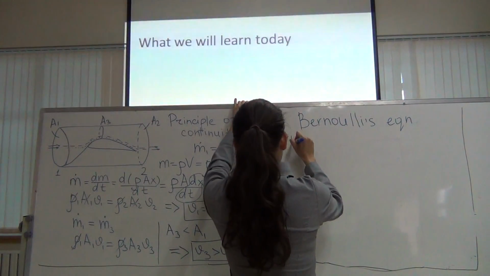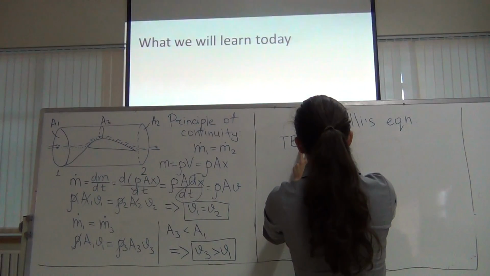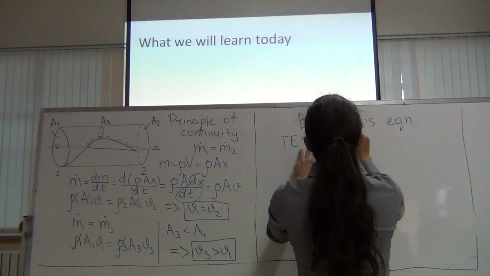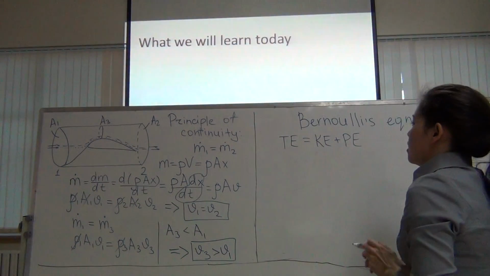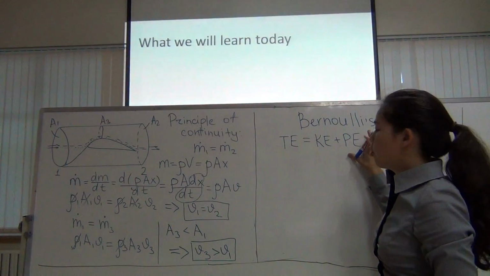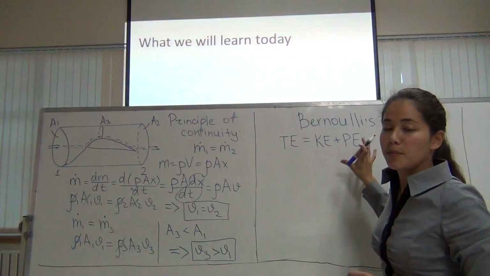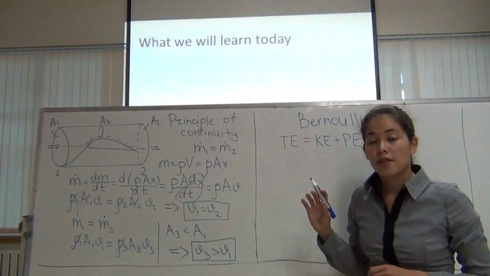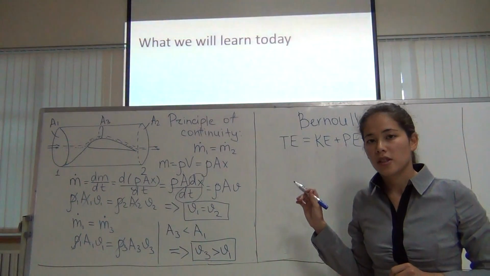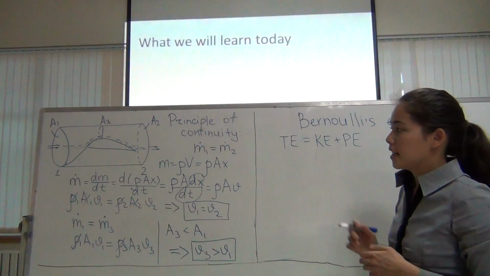So let's write it down. Total energy is equal to kinetic energy plus potential energy. But this is for large objects and it's mainly used in physics. But in our case, we're concerned with volumes more than any other study.